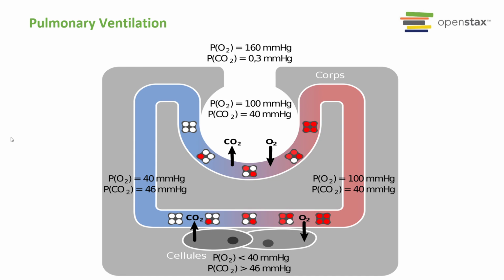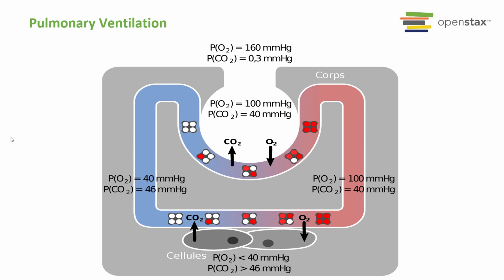At the alveoli, the partial pressure of oxygen, for example, is 100. The partial pressure of CO2 is around 40 millimeters of mercury. As oxygen makes its way through the body and towards the tissues, you can see that oxygen is able to make its way out of the circulatory system and to the cells.